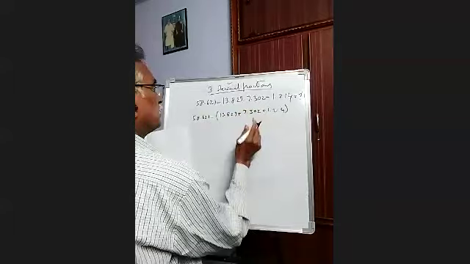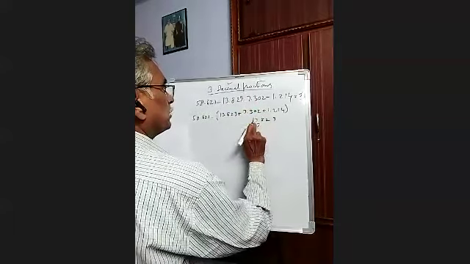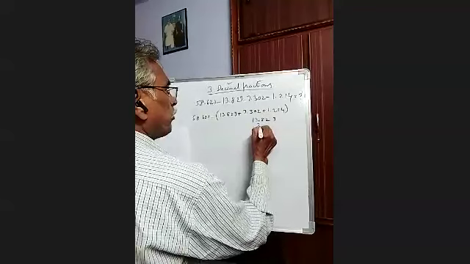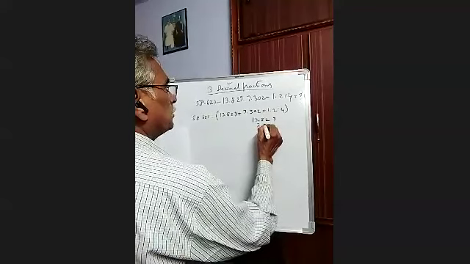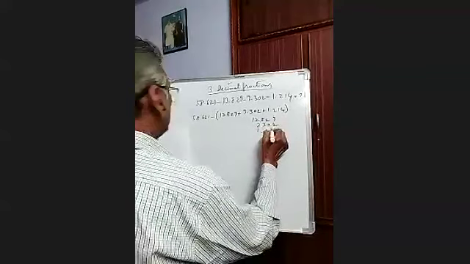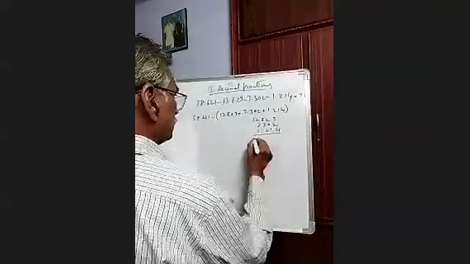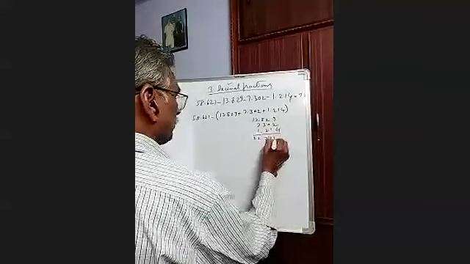So first add these three. 13.829, 7.302, 1.214. Again, the point should be below the point only. Add. 22.345.